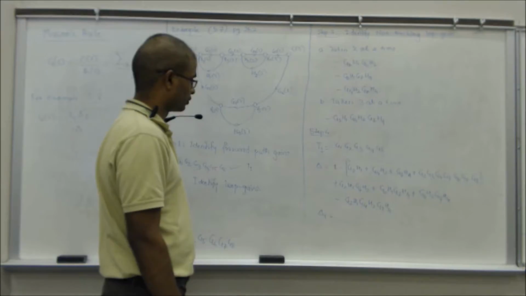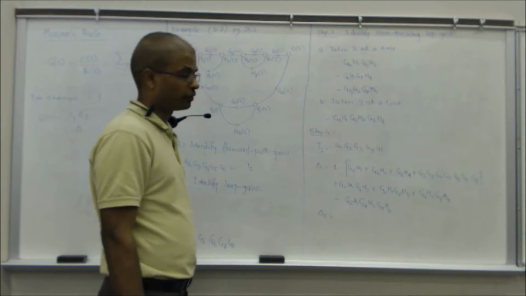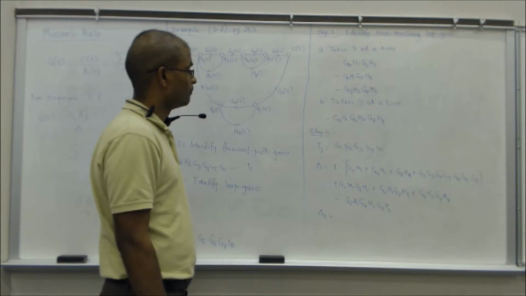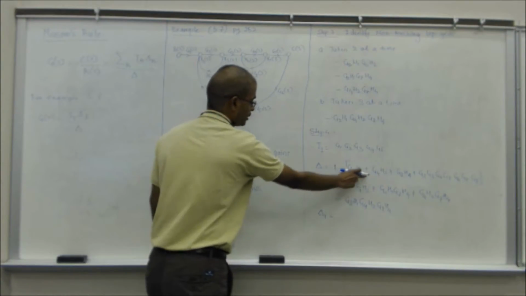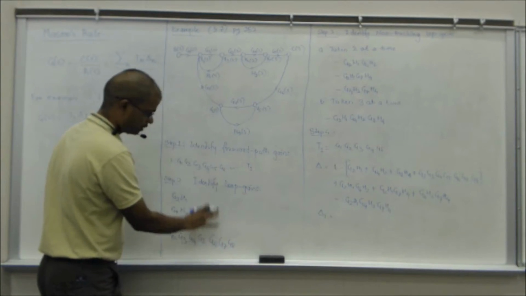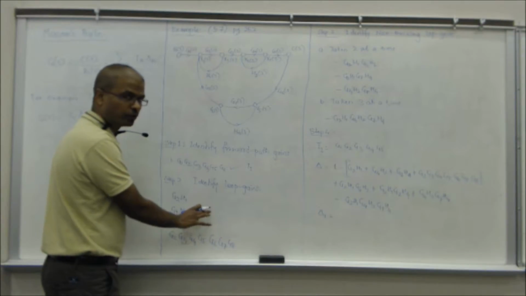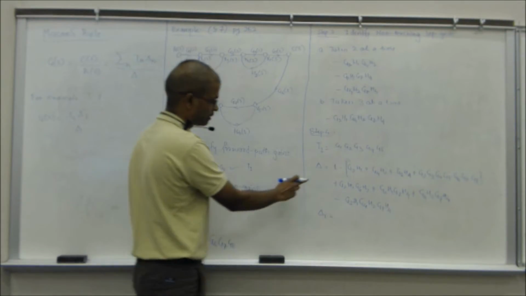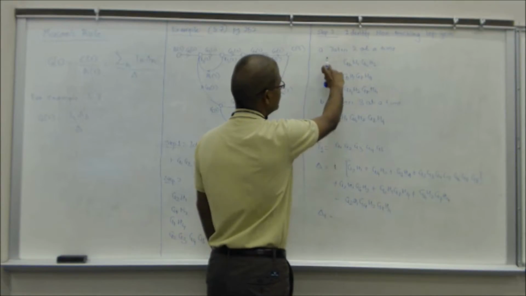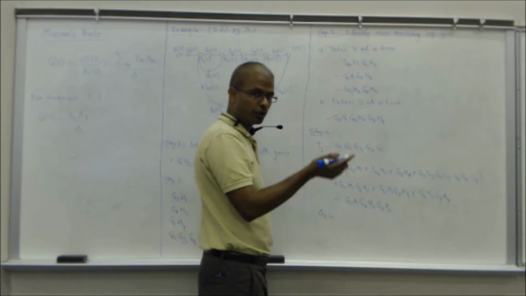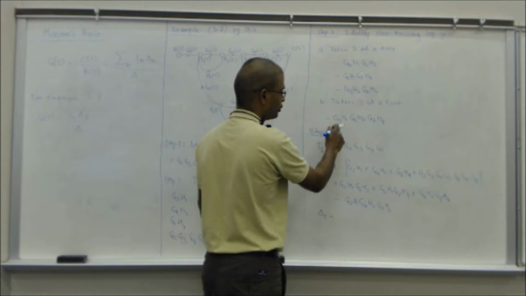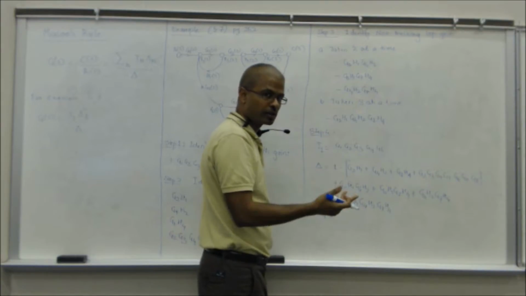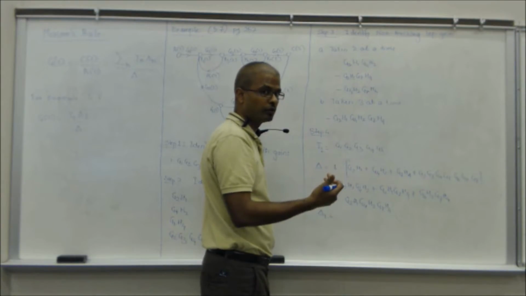Yeah, G7H4. So what you do is delta is 1 minus the summation of loop gains, plus the summation of non-touching loops taken two at a time, minus the summation of non-touching loops taken three at a time, plus the summation of non-touching loops taken four at a time.